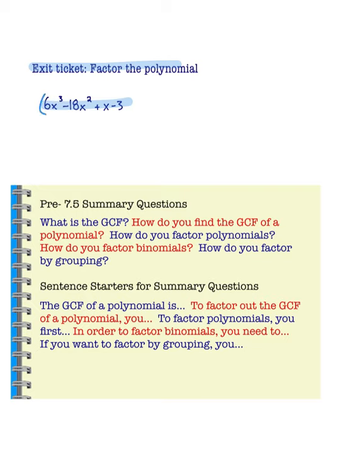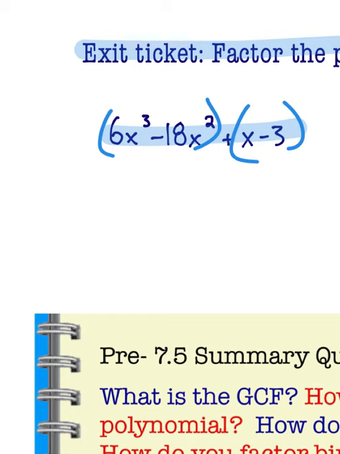So first you should have split the quadnomial, 4-term polynomial, into 2 sets of parentheses. Then you should factor out the GCF. GCF of the first one is 6x squared. You have an x minus 3 left. GCF of the second one is actually just 1.